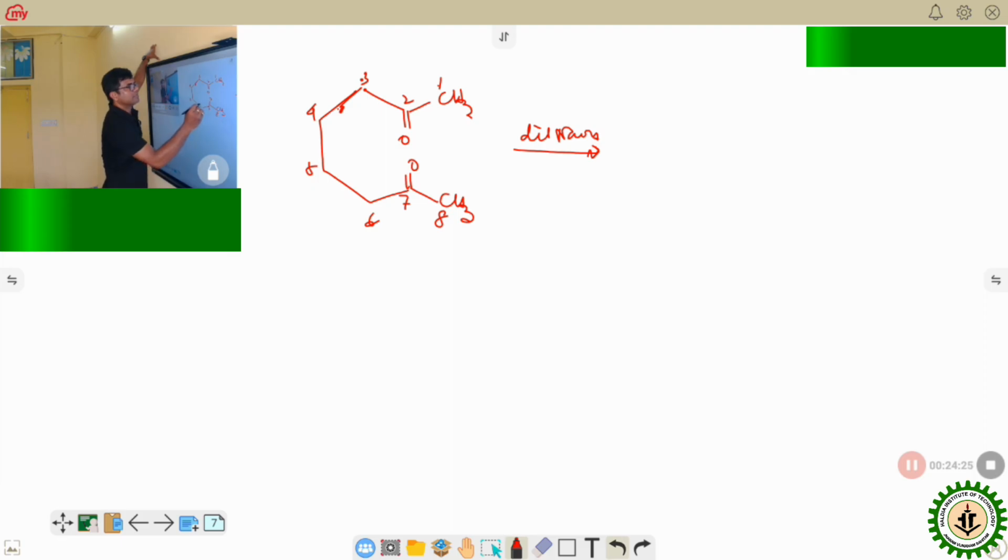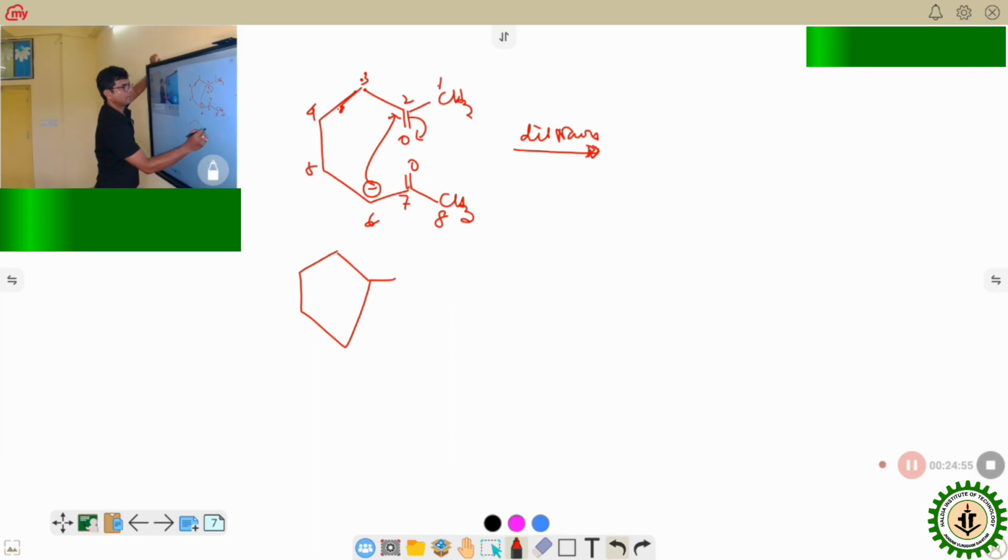When the carbanion is formed from this alpha hydrogen, it will attack this carbonyl carbon in the same molecule, not another molecule, to form a 5-member ring. 1, 2, 3, 4, 5. Now this 5-member ring is formed.